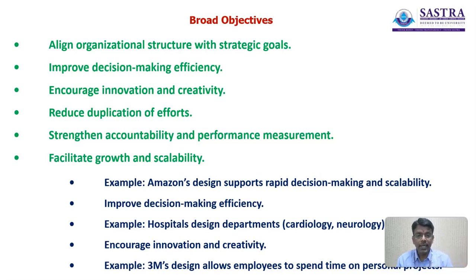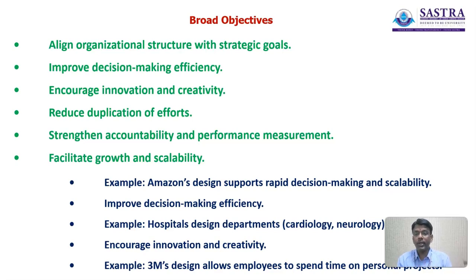Example, Amazon's design, how they are supporting the rapid decision making capacity of an individual. And through that, their decision making capacity is efficiently developed. And some of the hospitals have their own design called departmentation: cardiology, neurology, nephrology, ophthalmology, ENT, etc. That is purely what we call specialization.